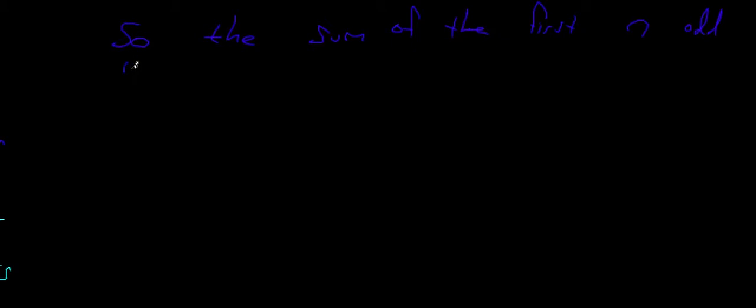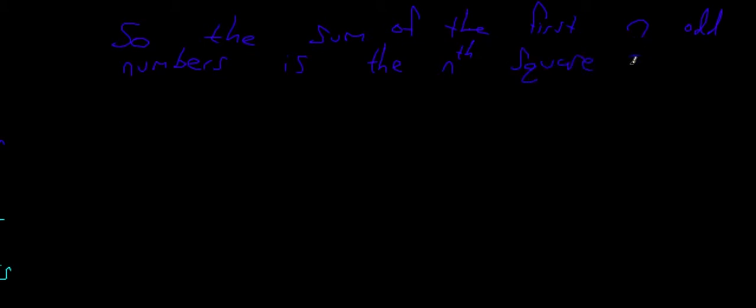So what we've shown is the sum of the first n odd numbers is, well, equal to n squared, so it is the nth square number.